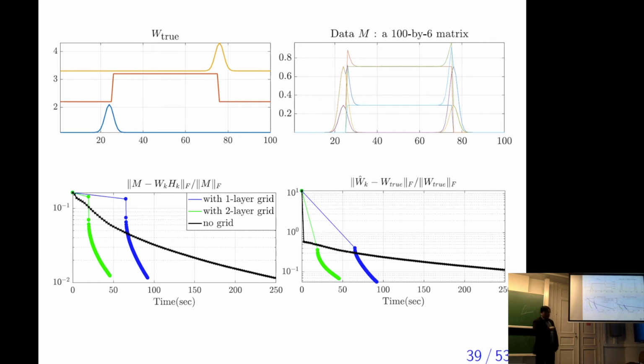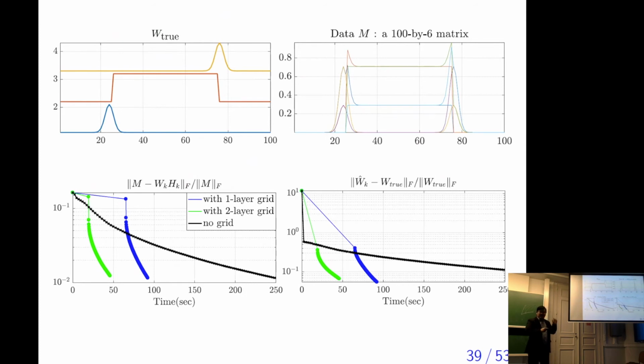Below the plot is the runtime for unimodal NMF with 1 grid, 2 grid, and no grid. Black is no grid, blue is with 1 layer grid, and green is with 2 layer grid. Of course, you can do 3 grid, 4 grid, but this is enough. In terms of the cost objective value, the decrease with grid is much better than without grid.